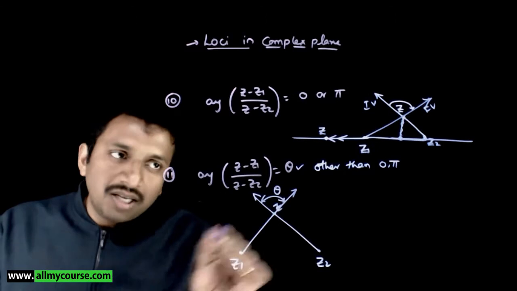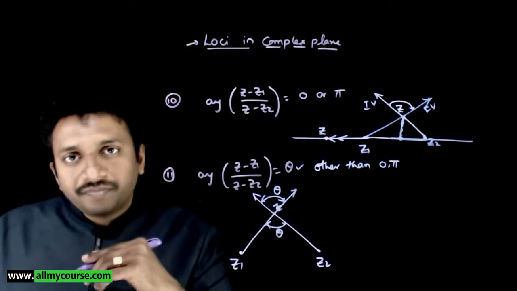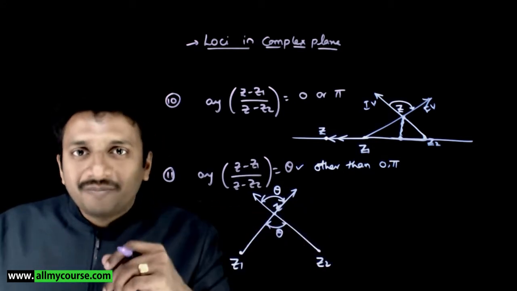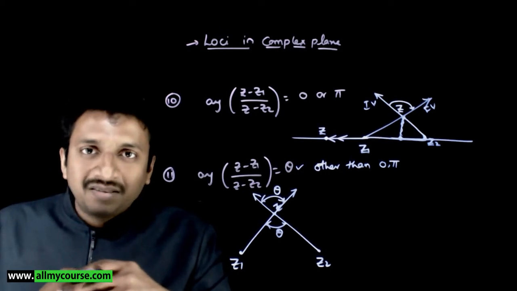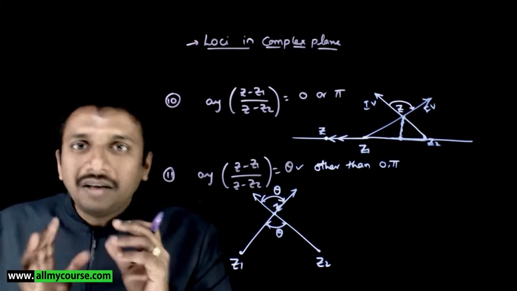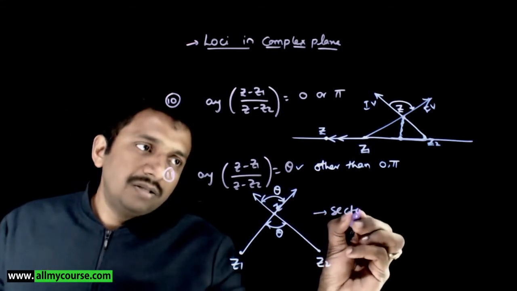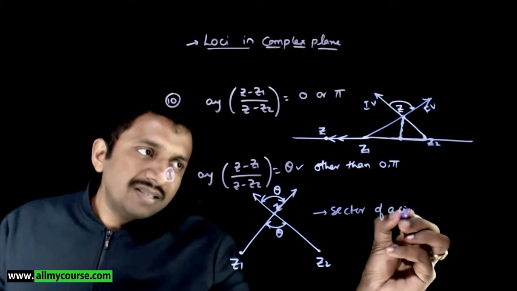This angle is not changing. That means my z is moving such that this angle is constant. So can you guess the locus? Yes. The locus is a sector of a circle.